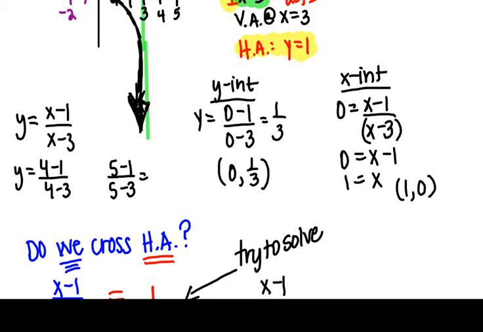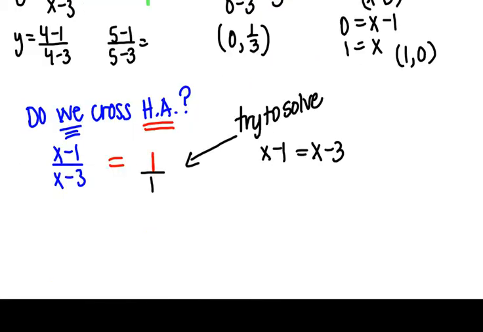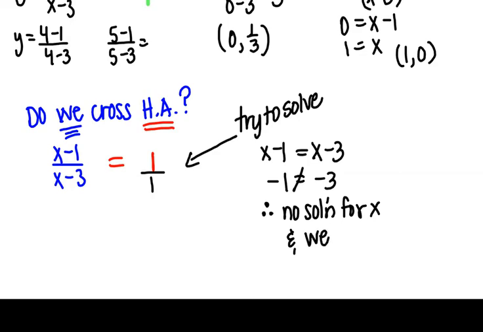So x minus 1, I'll cross multiply, is equal to x minus 3. If I subtract x, I get negative 1 is equal to negative 3, which is false. Therefore, there's no solution for x. And we won't cross the horizontal asymptote.